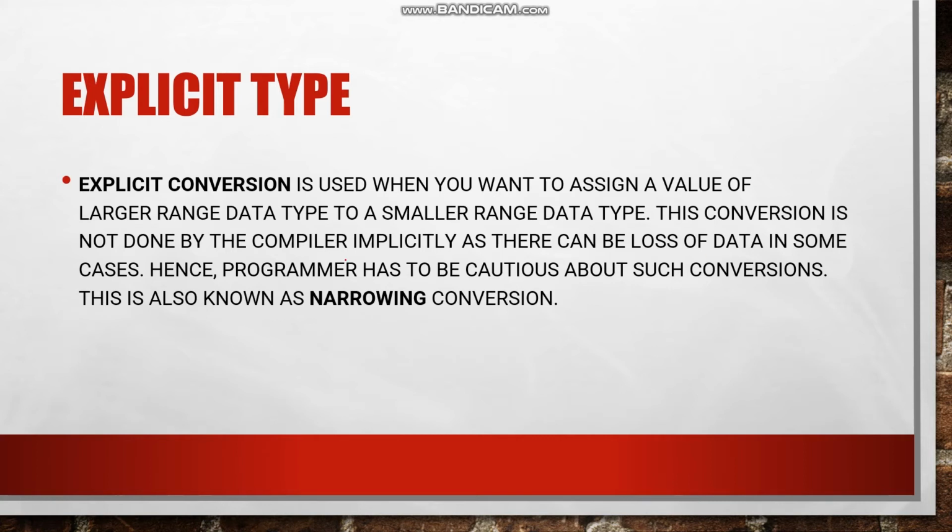Like double is the larger data type, and you want to assign the value of double to, let us take, int or float, whatever it is, which is smaller than double. In that case we use explicit type.